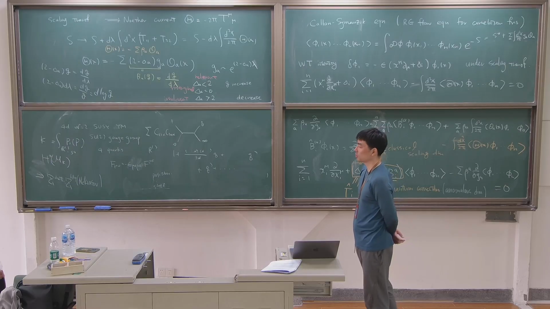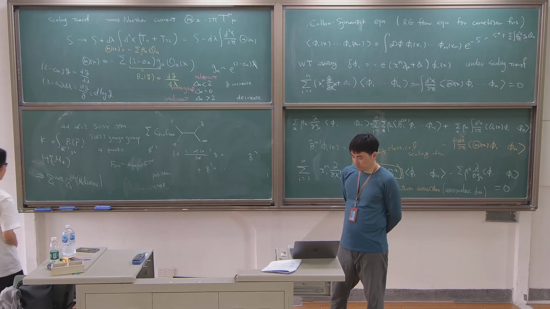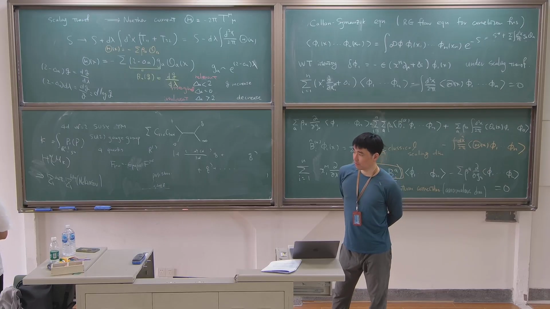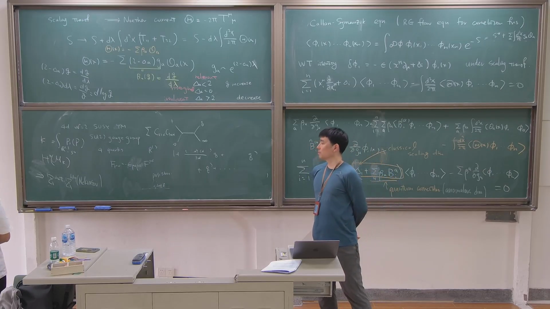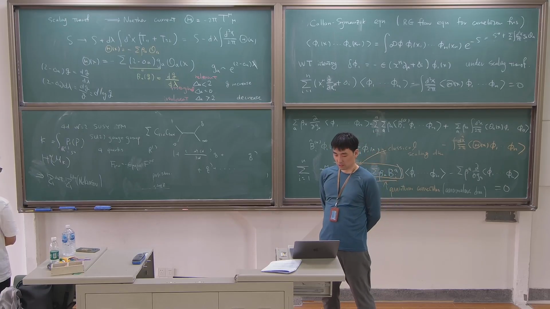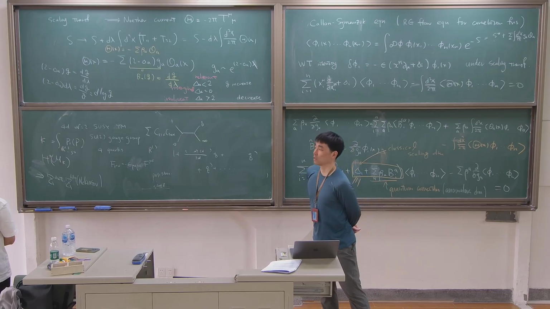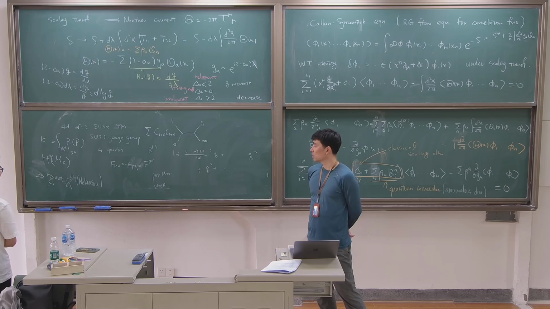If you don't have supersymmetry, the computation is too difficult. So the one-loop determinant is given by the supersymmetry. So the Fourier theory is defined on the quotient space.